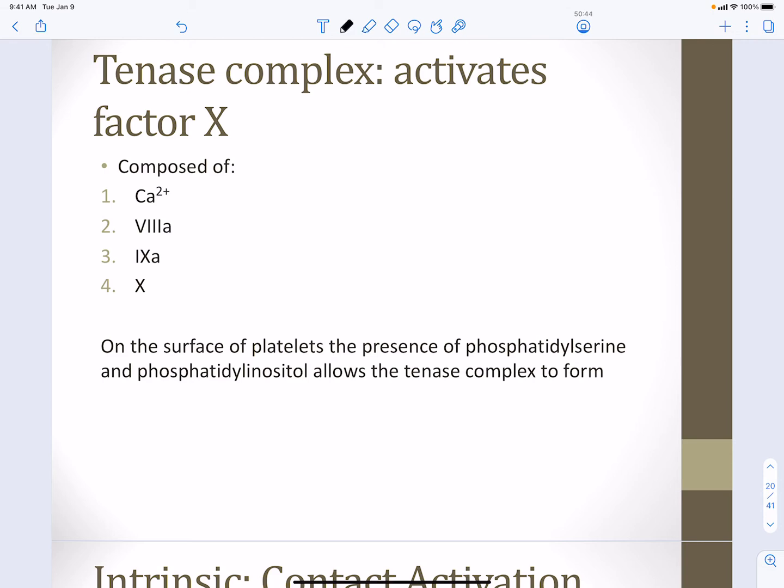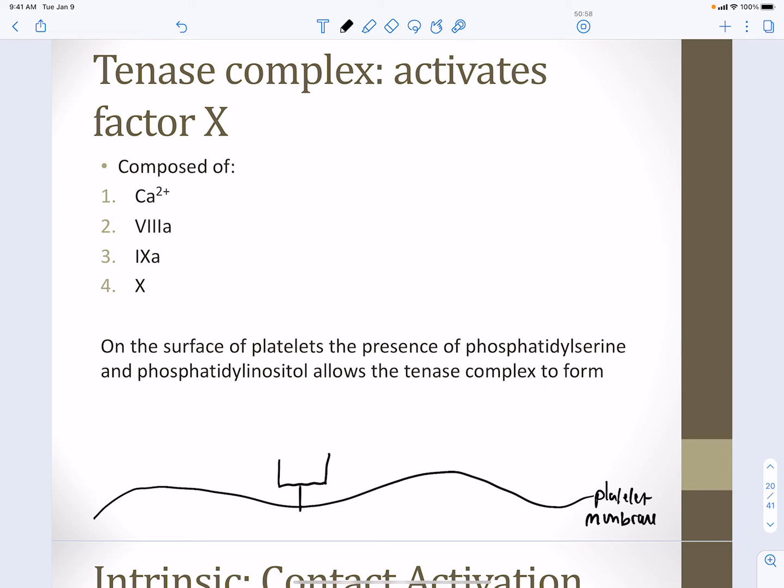So here we have our platelet membrane this time. And then on the surface, you'll have factor 8A. And this will be bound to factor 9A.